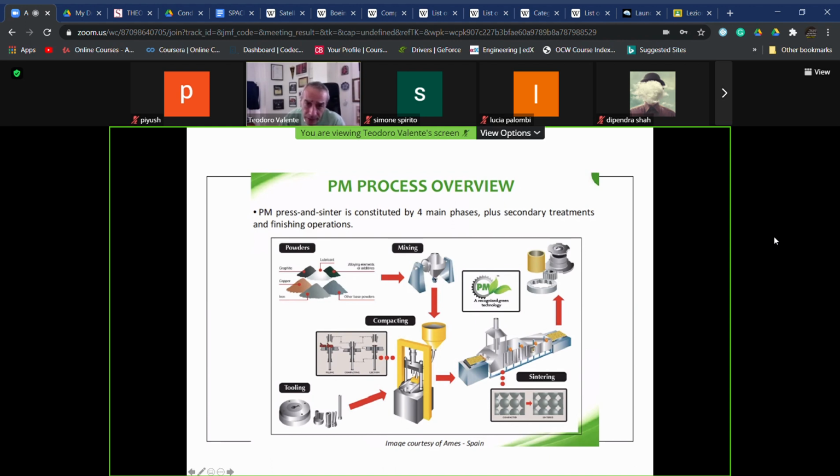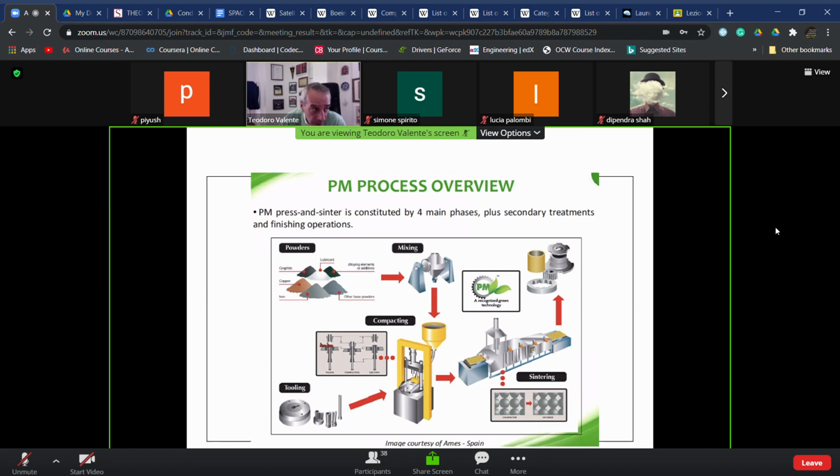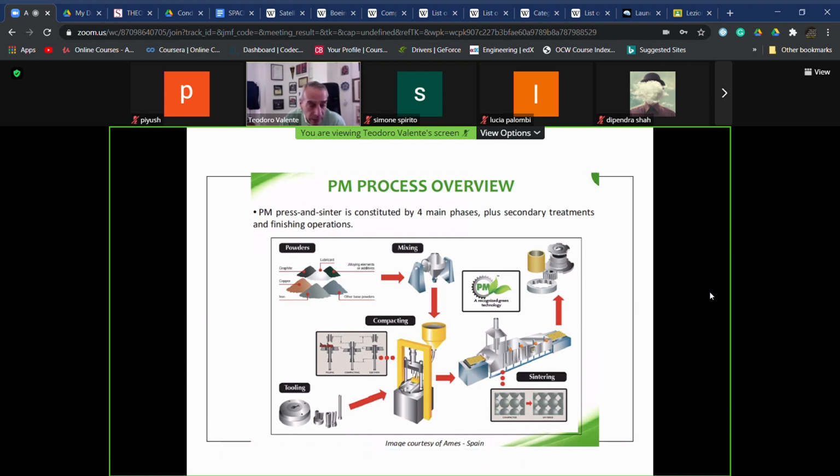Then they are pre-compacted, and also here, as we will see, we have different possibilities, in order to fabricate something which is very similar to the final component that we want to obtain. Here, the compaction can be made also by using a band, for example. That depends on the starting powders.